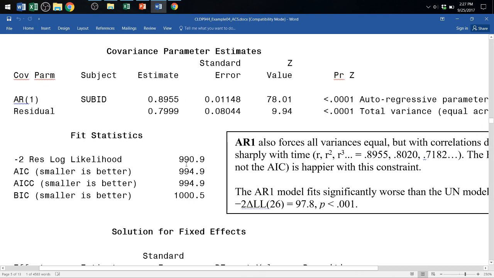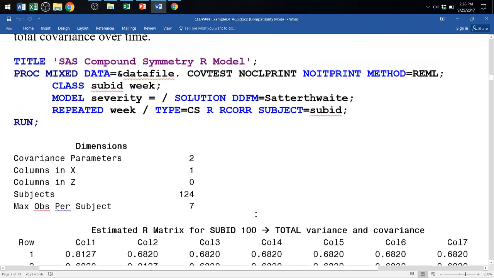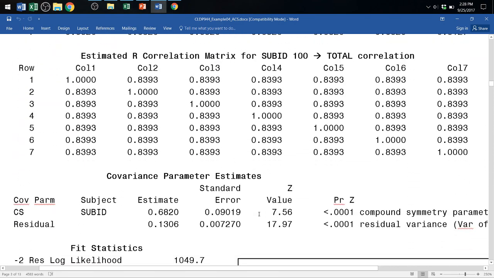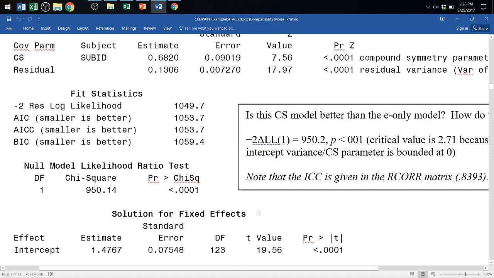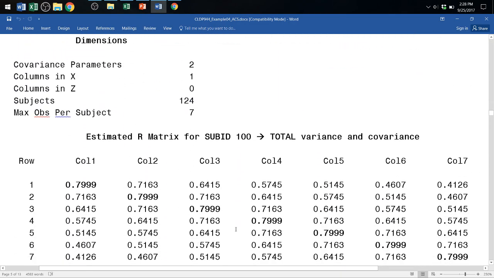Well, here's my fit statistics. It's significantly worse than the unstructured model. I can't compare it to compound symmetry because it's a 2-parameter model, but I can look at AIC and BIC. It likes AR1 a little bit better than compound symmetry, it looks like.